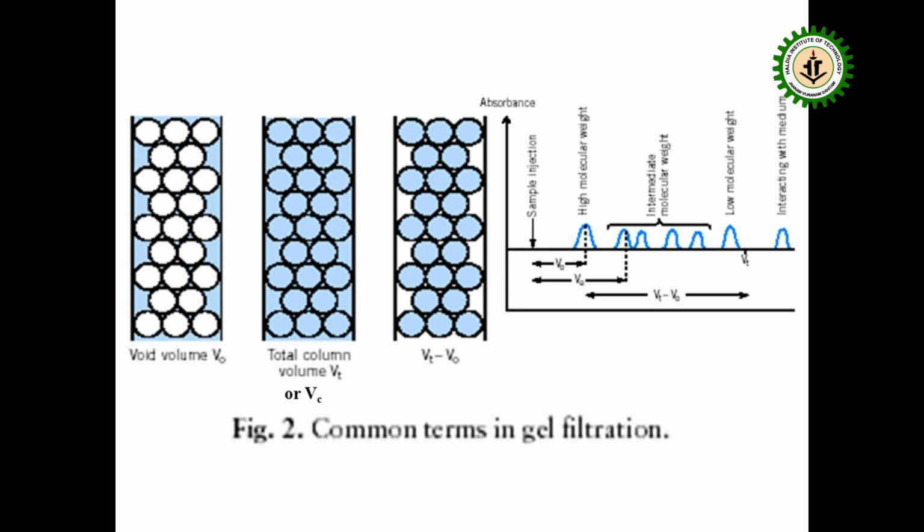Low molecular weight proteins take a longer time, and the lowest molecular weight proteins take the longest time to elute from the column. The intermediate molecular weight molecules, between the high and low molecular weight proteins, will be eluted from the column according to their size.